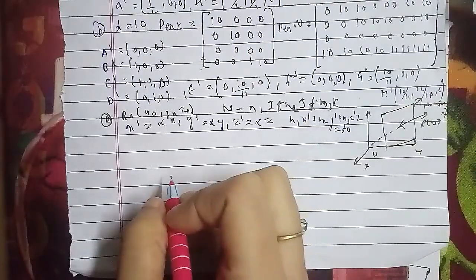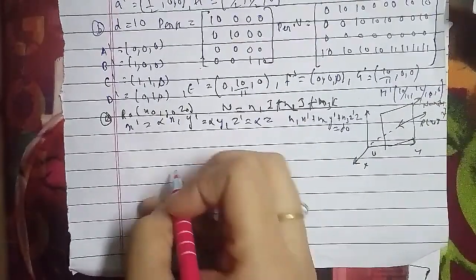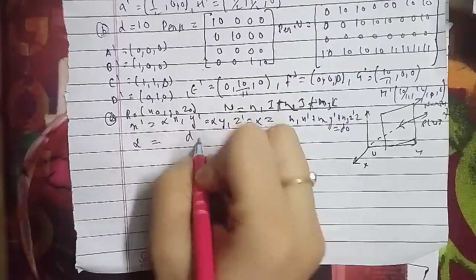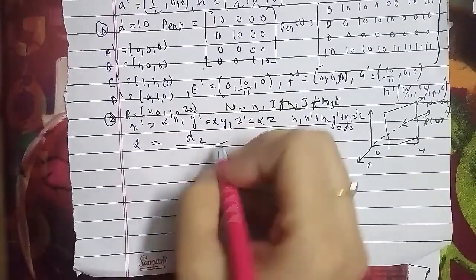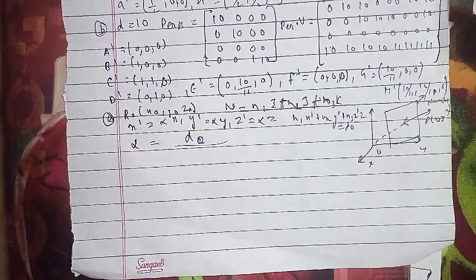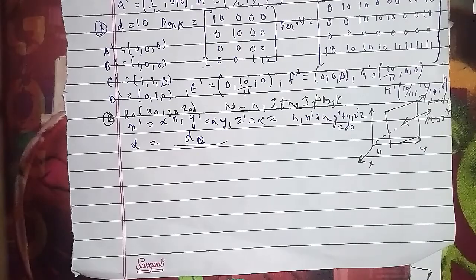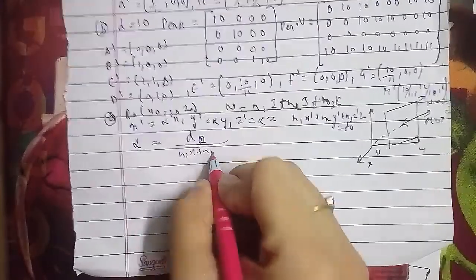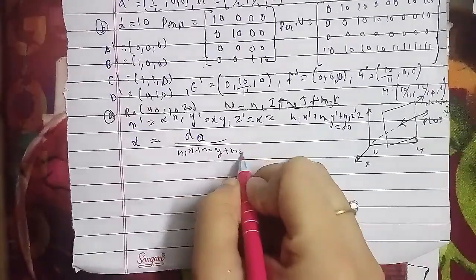Putting in the above values, we get alpha equals d naught upon n1 x plus n2 y plus n3 z, where d naught is as defined.